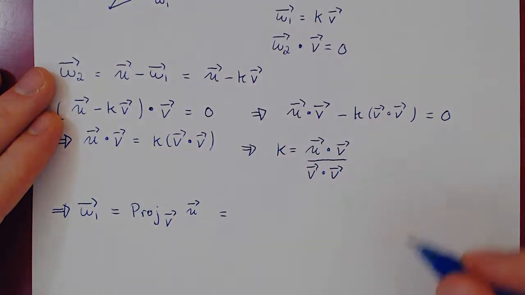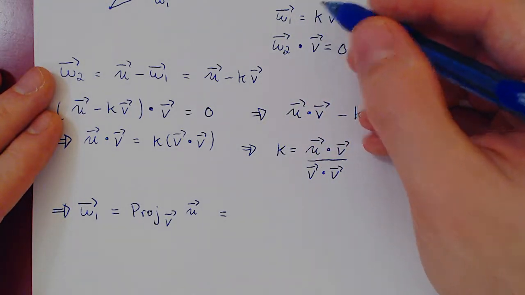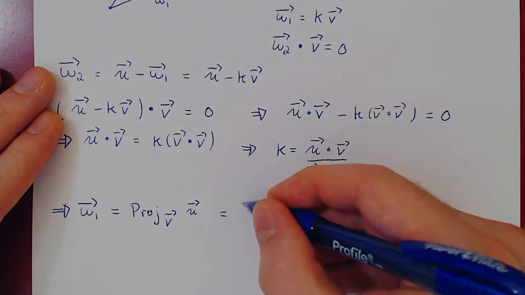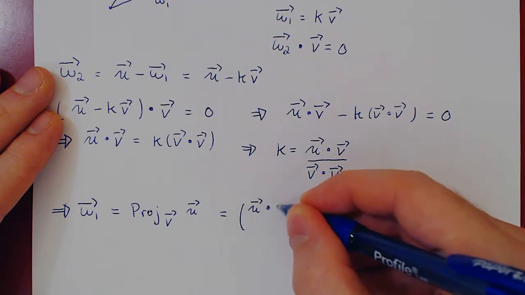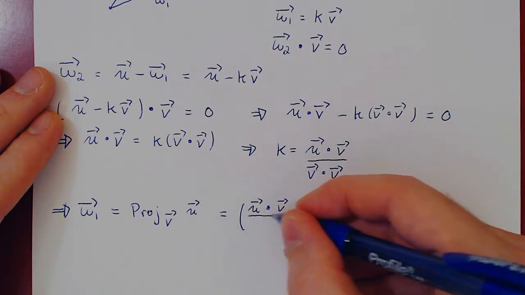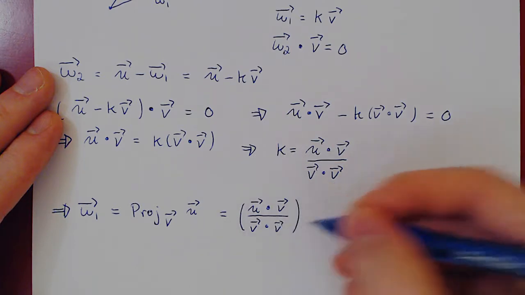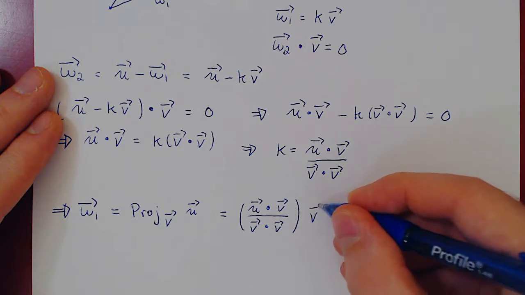And now if you remember, w1 was just a multiple of v, but we now know what the multiple is. It's u dot v over v dot v. Voila! So k, which is our scalar multiple given by u dot v over v dot v, times the vector v. So there you have it.